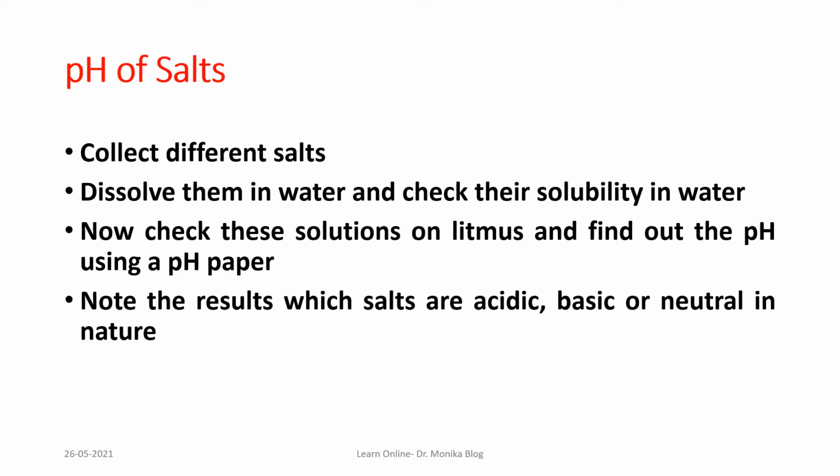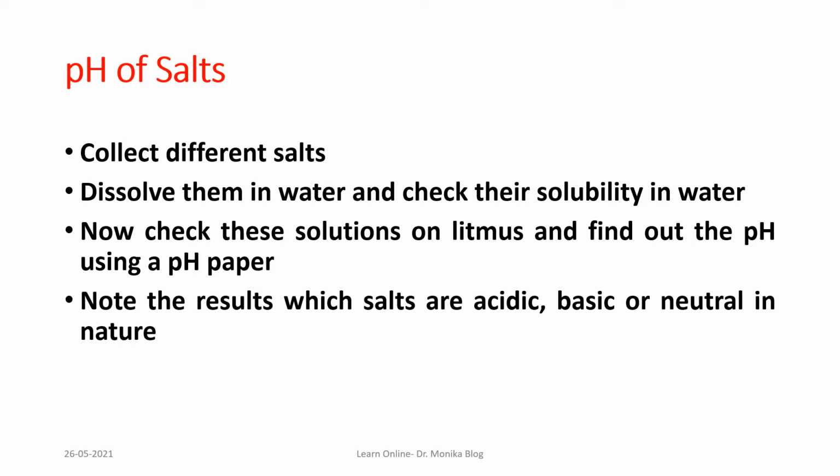Now, what is the pH of salts? Suppose you have collected different salts, NaCl, KCl, and many other salts. To find out the pH of the salts, first you have to dissolve them in water and check their solubility in water.